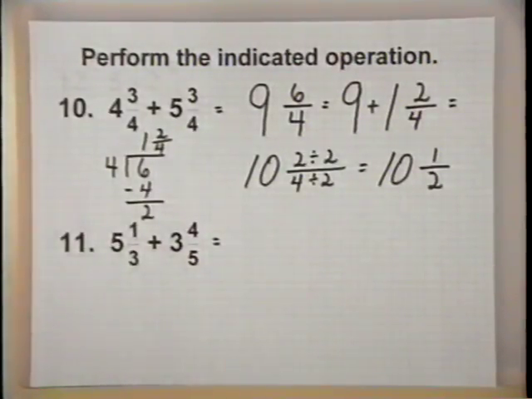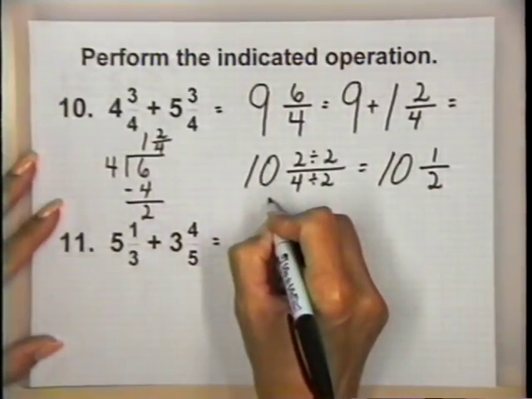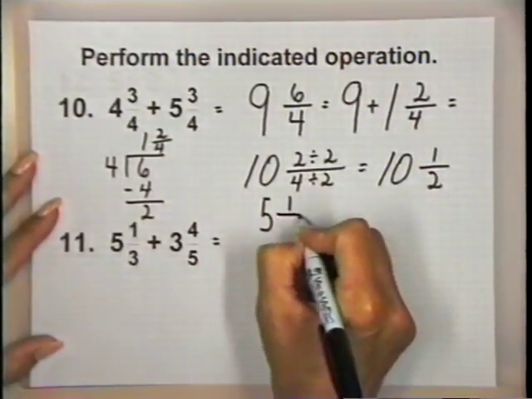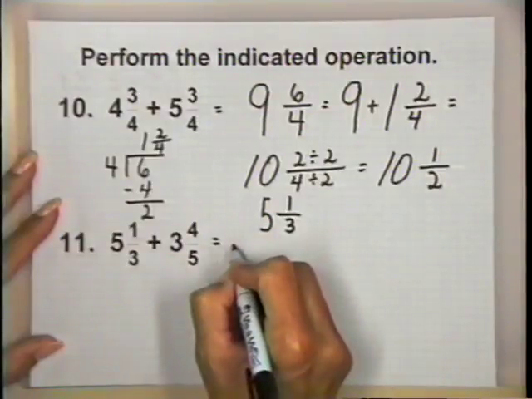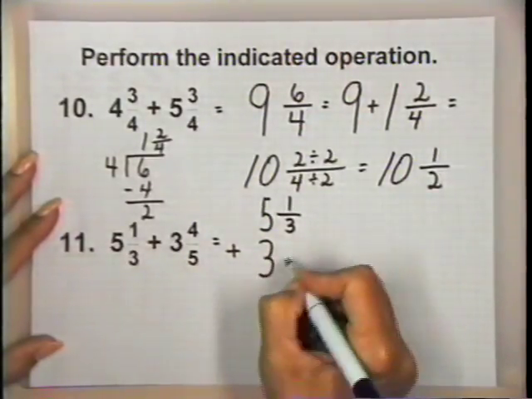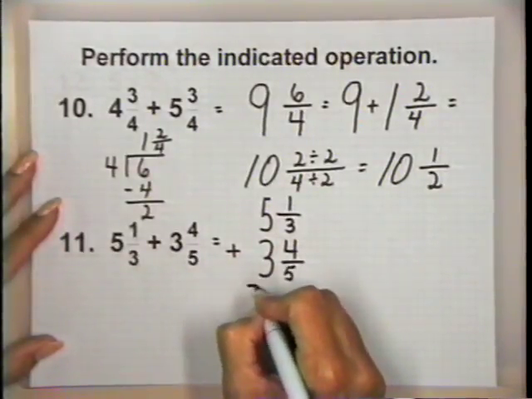In problem number 11, I think that I'll work it vertically just for a change. Let's see here. We have 5 1/3. We want to add to that 3 4/5.